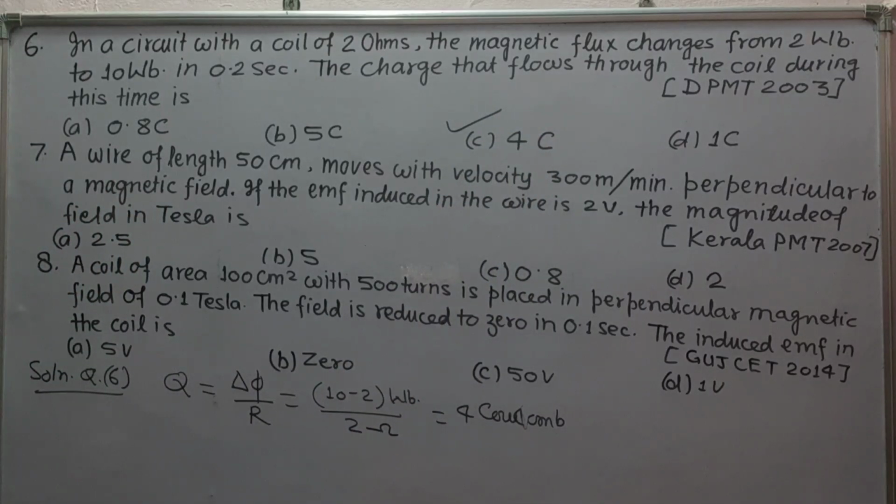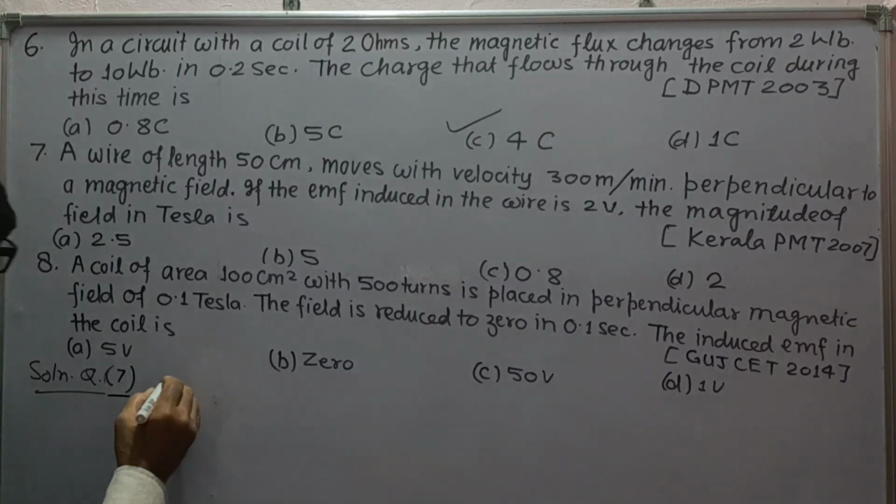Next question number 7. The question is, a wire of length 50 cm moves with velocity 300 meter per minute perpendicular to a magnetic field. If the EMF induced in the wire is 2 volt, then the magnitude of magnetic field in Tesla is. These are the options. Solution to question 7.